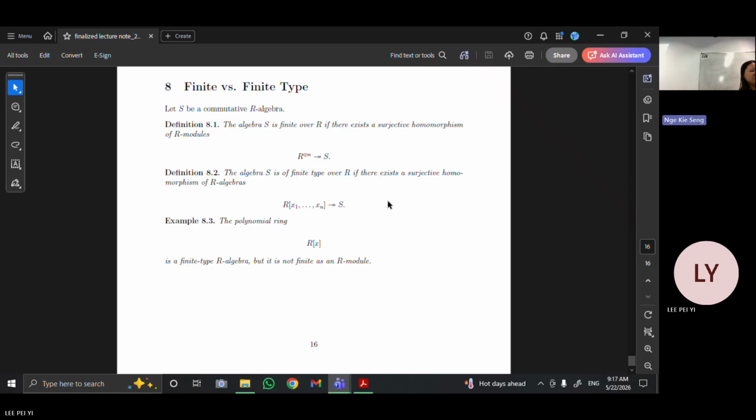The definition 8.1 mentioned about finite. Yeah, that's what I can see. This algebra finite over R. No, because it's finite type.